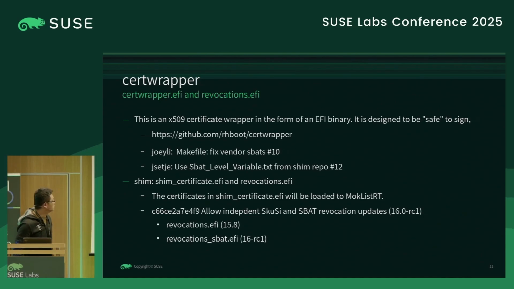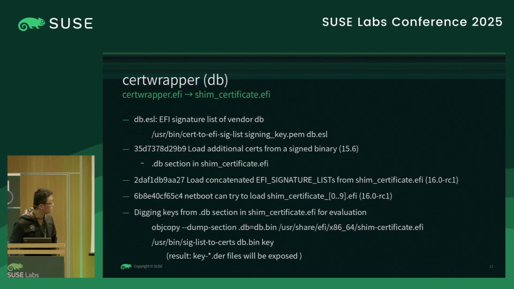There are some details I think we can skip. The first one is the DB. The certificate wrapper can be used to enroll a key as a MOK. We say DB, but actually it's not really enrolled to the UEFI DB. It will be enrolled to the MOK list.